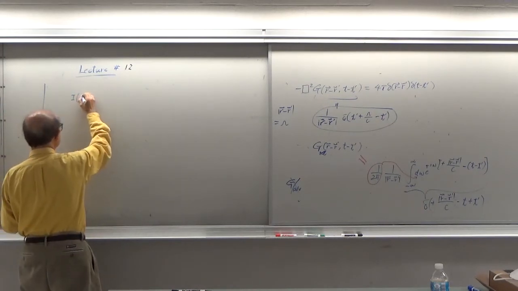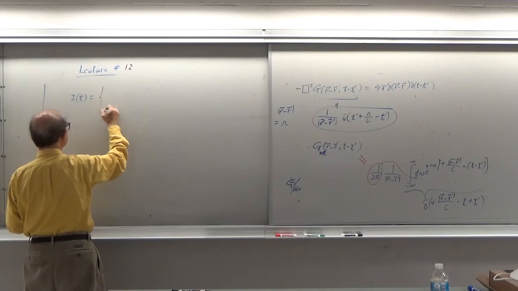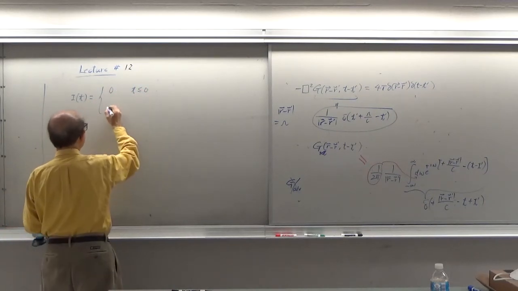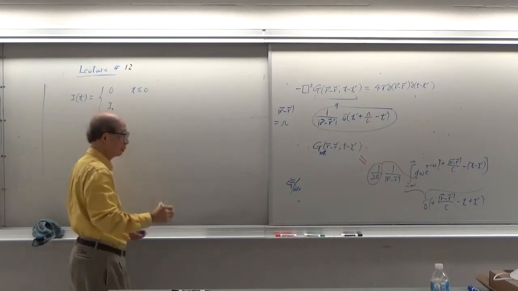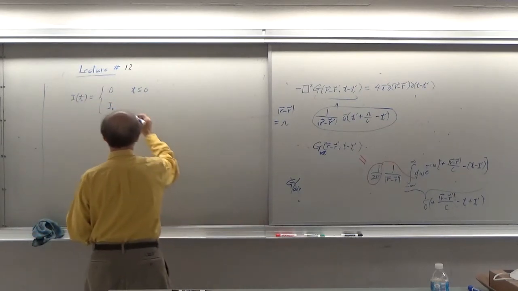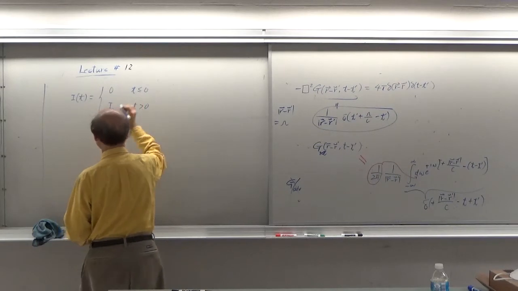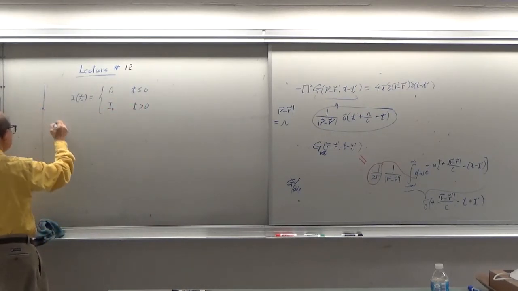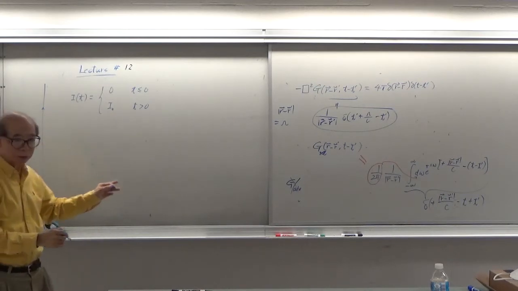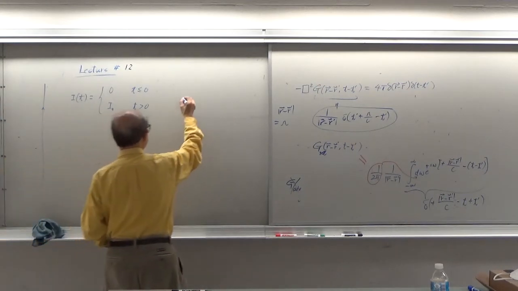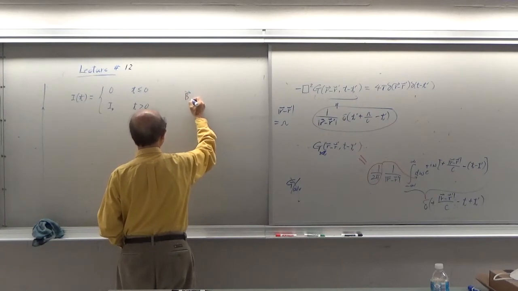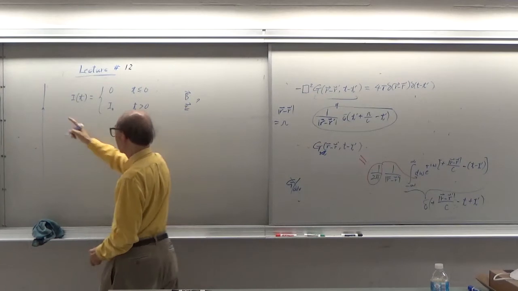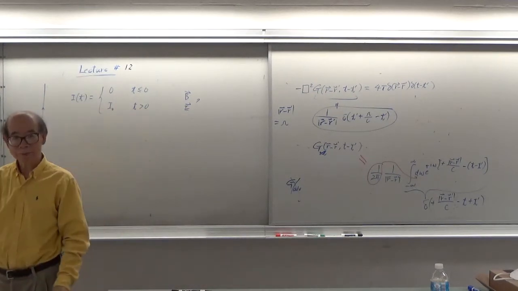So the current I is equal to 0 before time 0, and it's a finite amount, I naught, for t after 0. And we're supposed to find the magnetic field B and the electric field E outside of this wire.